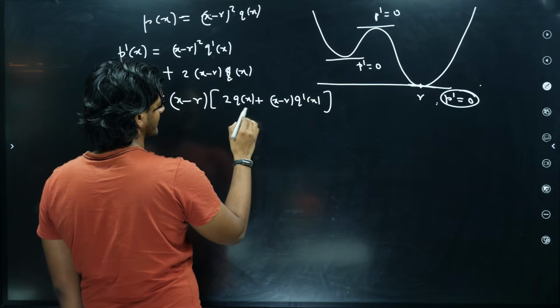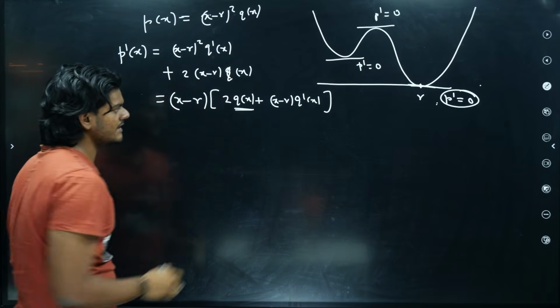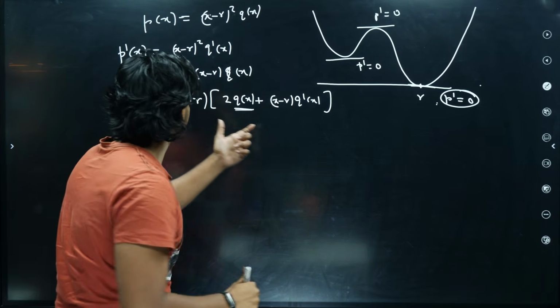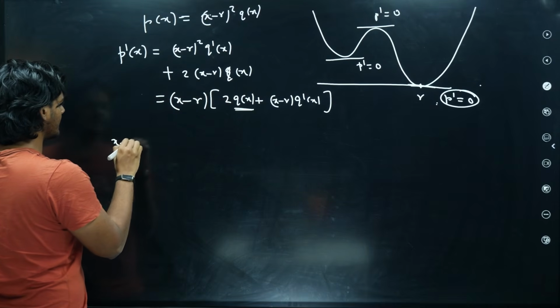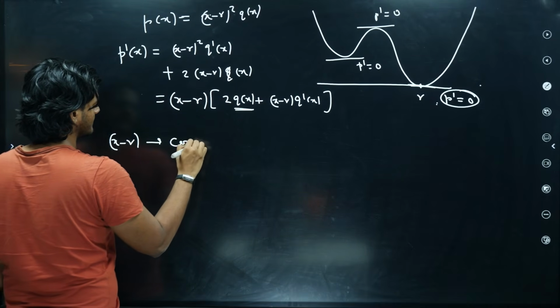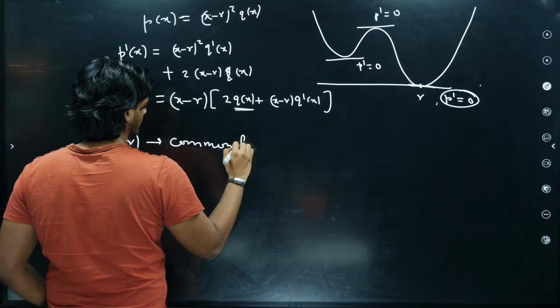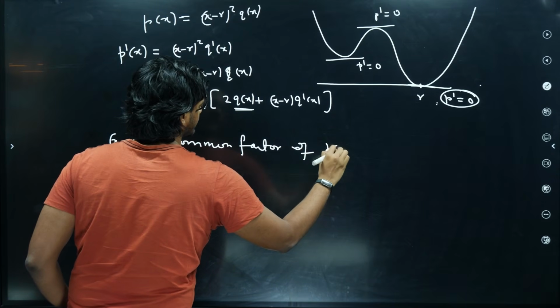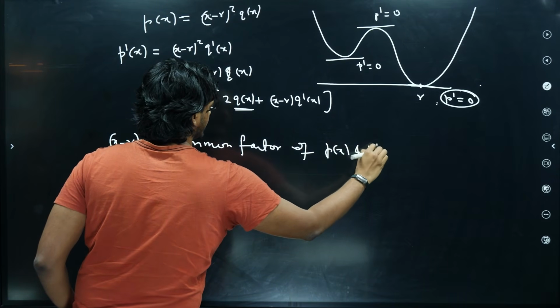You see, q of x won't have x minus r as a factor. So definitely x minus r is a common factor of p of x and p dash of x.